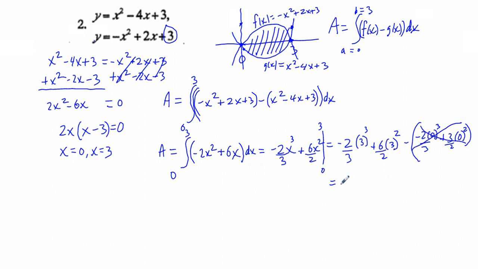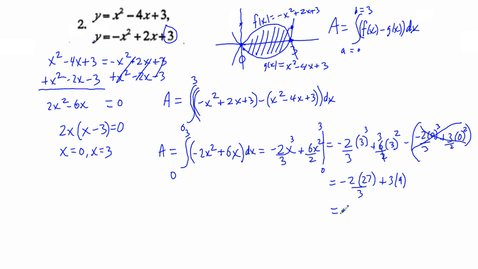So we're left with negative 2, and 3 cubed is 27 over 3 plus 3 times 3 squared. So 3 times 3 squared is going to be 3 times 9.